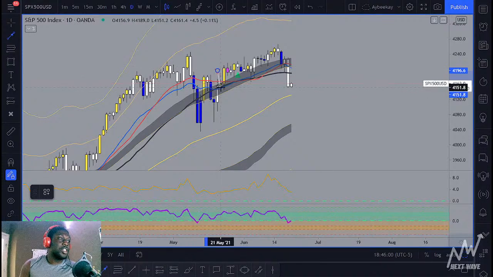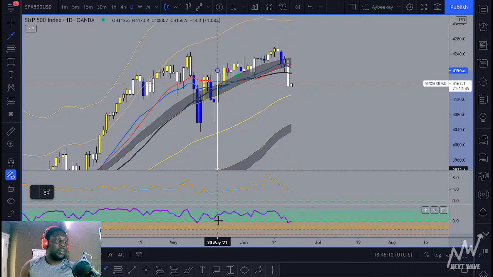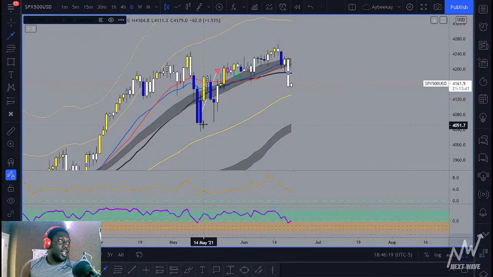When price called for this sell, if you look over here, the Level Pro and the Arbitrage Z were not showing that this was possibly even going to fall, right? Even over here, it was done over here, and price called for the sell 1, 2, 3, 4, 5 days after.